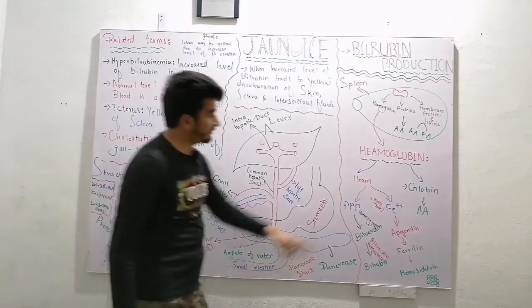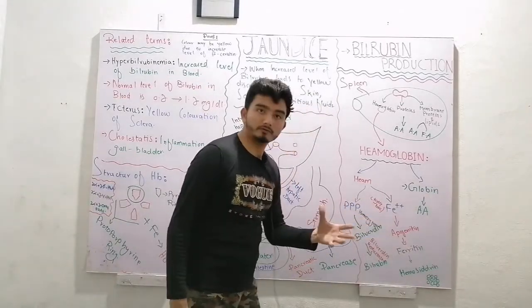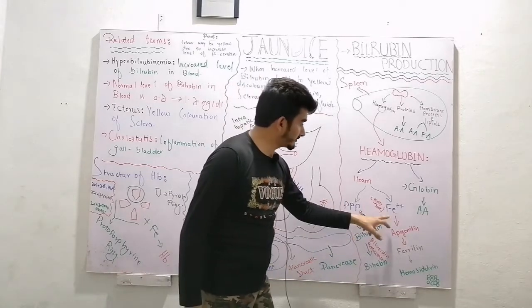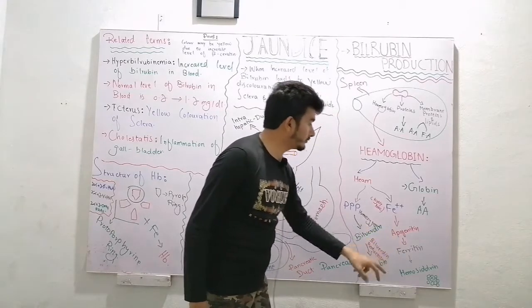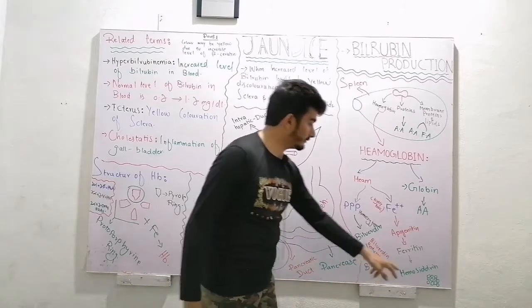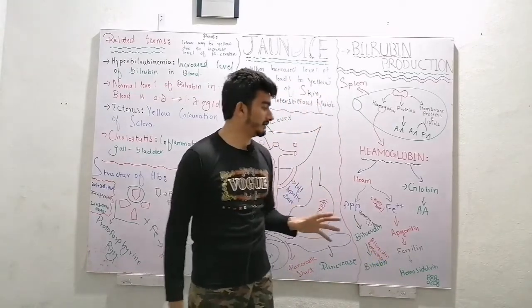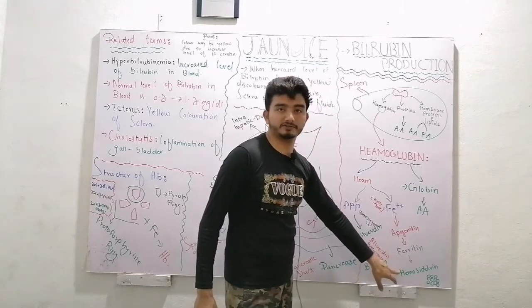Now the iron should be stored for reuse, so iron is converted to apoferritin, then ferritin, and ferritin converts to hemosiderin, which is the storage form of iron.